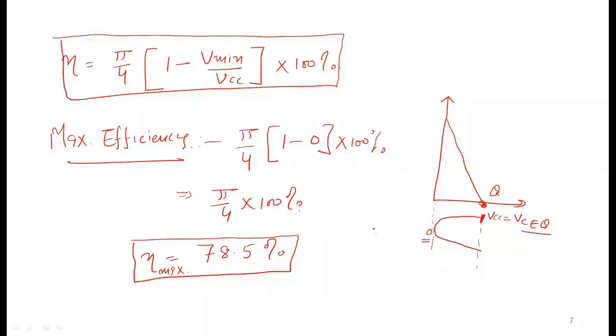Now our next topic is the power dissipation. What is the power dissipation? As we know, the power to the circuit is given by the supply batteries, and the power delivered to the load is the AC power. So the difference between the power delivered by the power supply and the power given to the load is the power dissipation by the circuit.